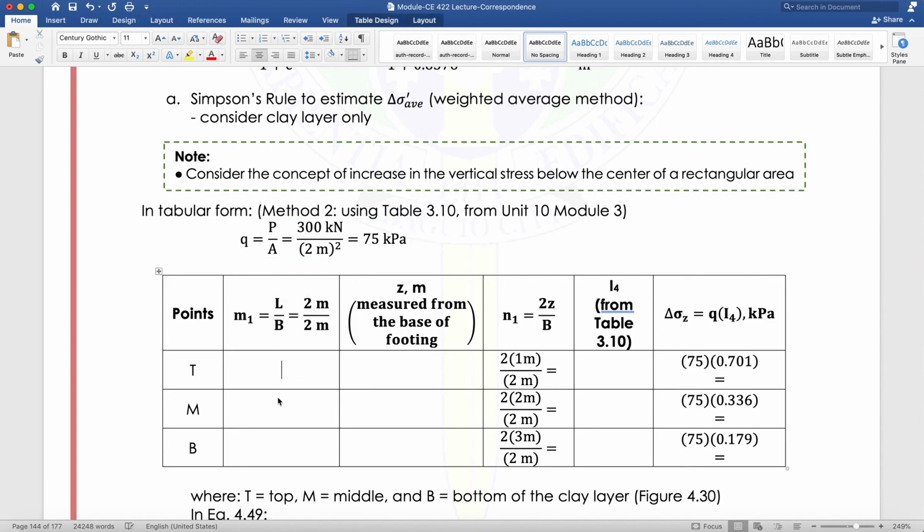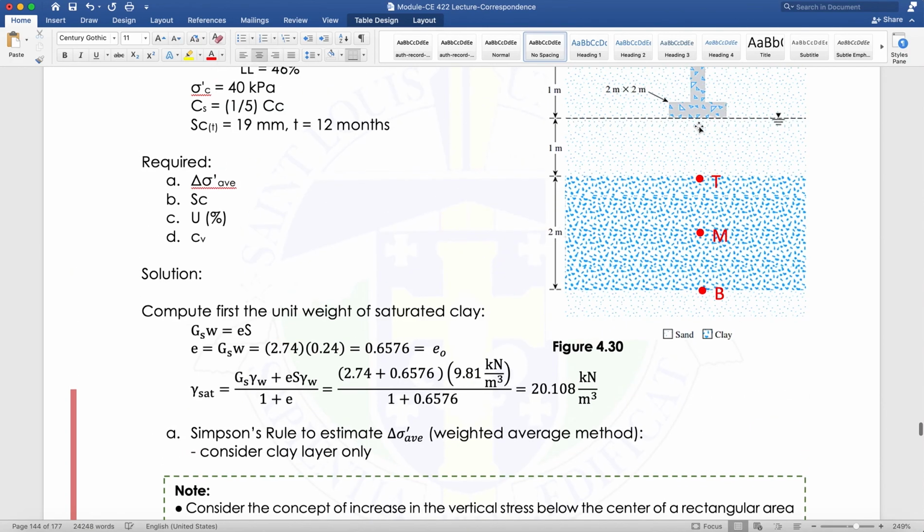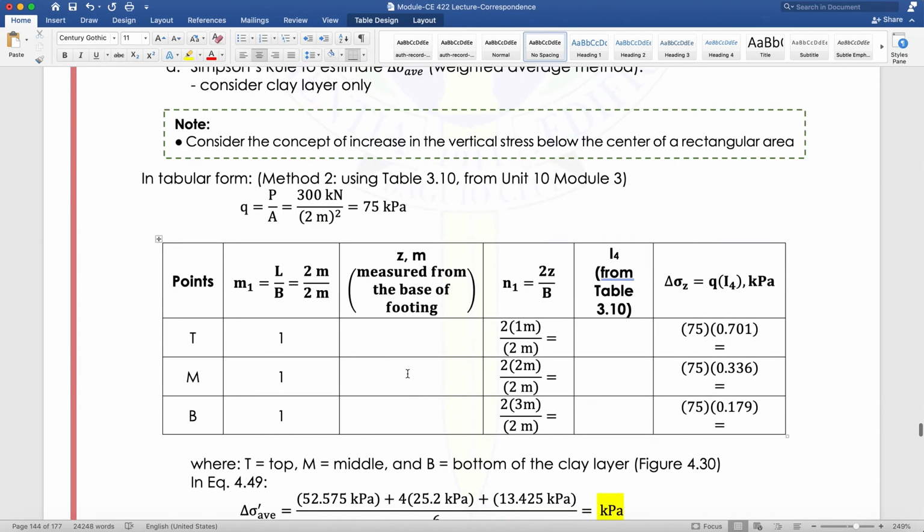So this is equivalent to 1, 1, 1. Next, for the z, it is measured from the base of the footing downwards. So this is our z1, which is 1, z2 is 2, z3 is 3, from the base of the footing. So we have 1, 2, 3.